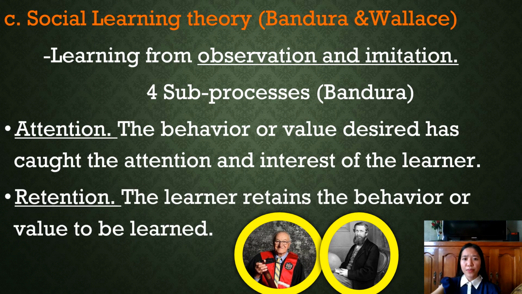Second step will be retention. The learner retains the behavior or value to be learned. Retention is how well the behavior is remembered. If there is no memory of the behavior observed, there is nothing to be retained for reproducing the behavior. Retention is an internal memory event that is essential for learning a new behavior.